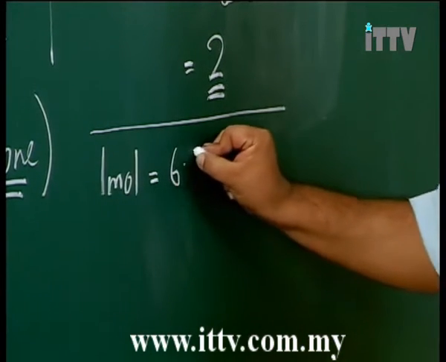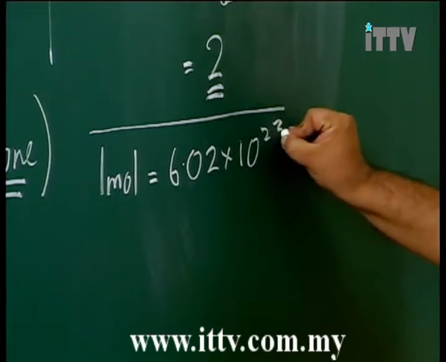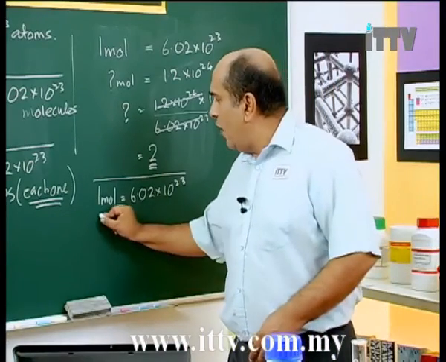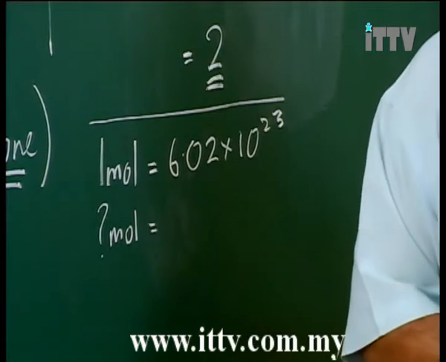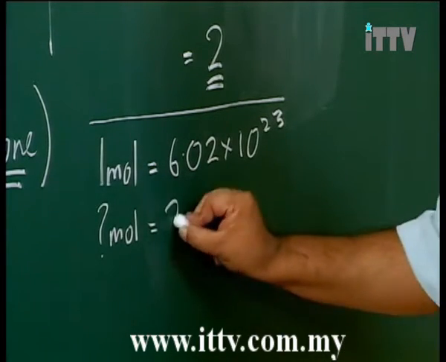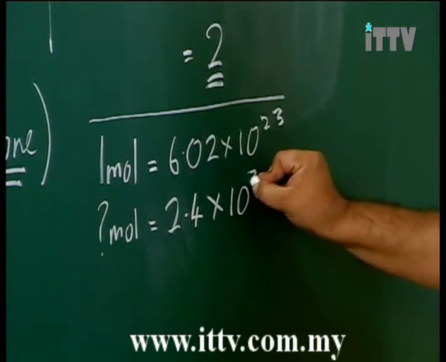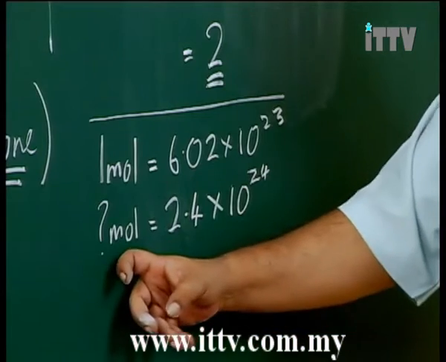Good. 6.02 times 10 to the power 23. What we are asking is, how many mole equals 2.4 times 10 to the power 24? Once again, this is your unknown.